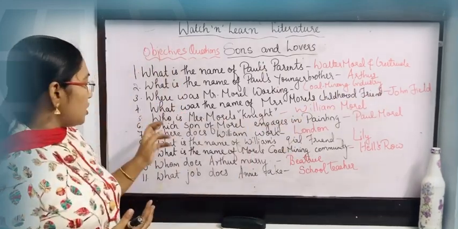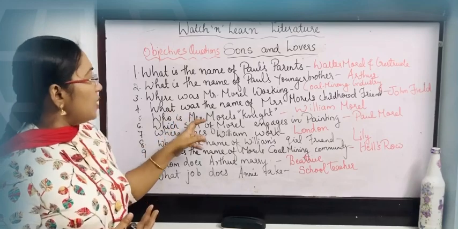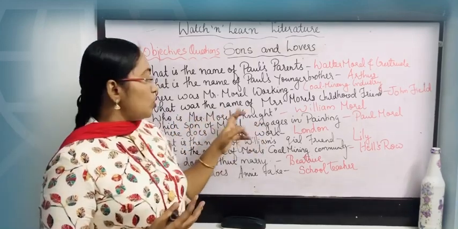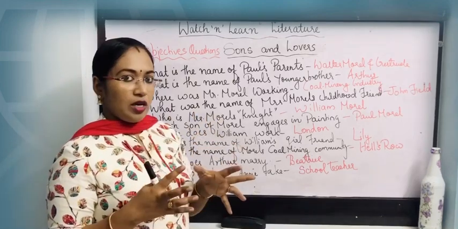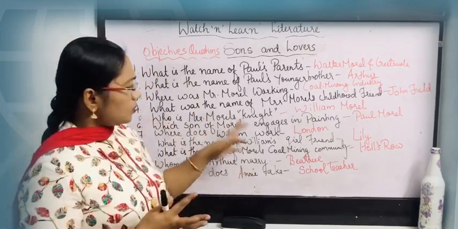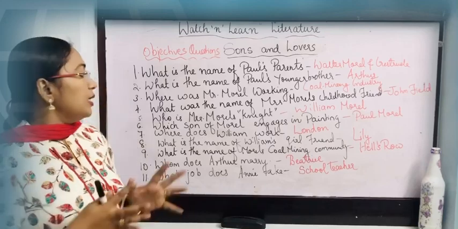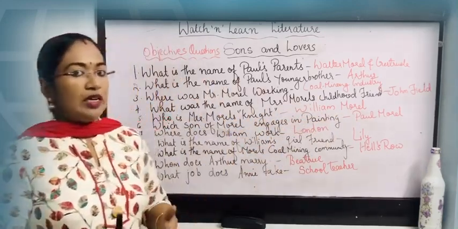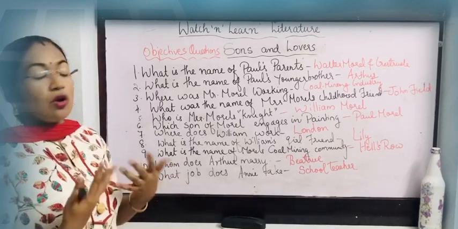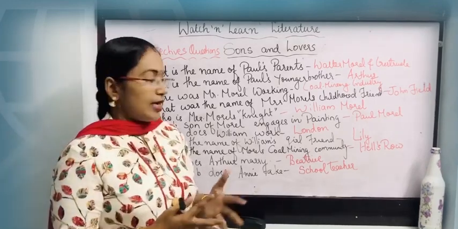Now coming to the next question, who is Mrs. Morrell's knight? Mrs. Morrell sees one of her children as a knight, and who is that knight? That is none other than William Morrell. She loved William the most, and she used to call him my little knight.